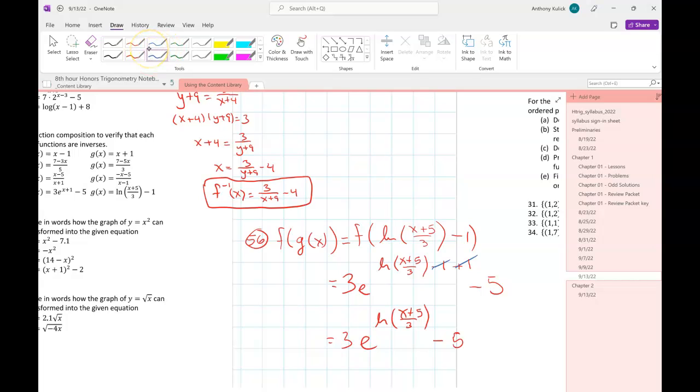And then I noticed that the natural log is log base e. So I have e to the log base e.